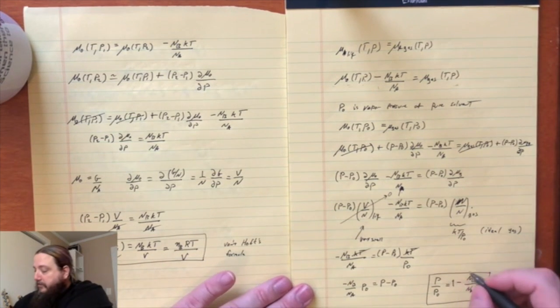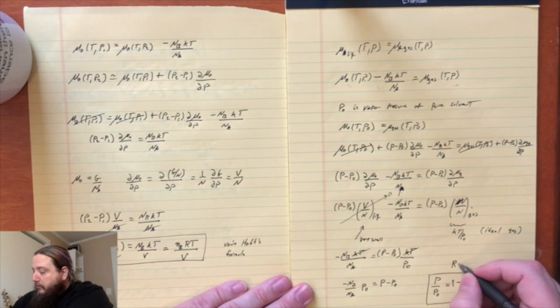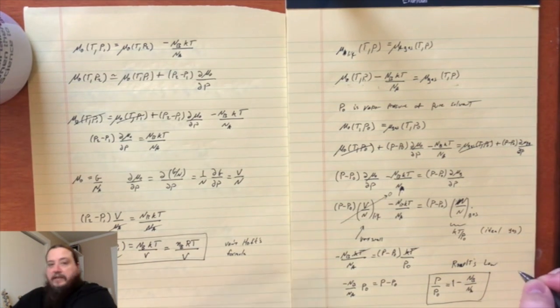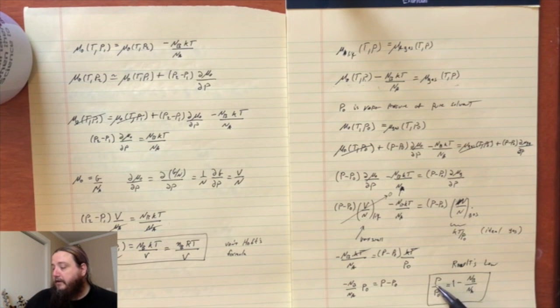This is called Raoult's law, and says that the ratio of the new vapor pressure, the vapor pressure in solution, to the vapor pressure of the pure solvent is just 1 minus this ratio of the concentration of the solute to the solvent.